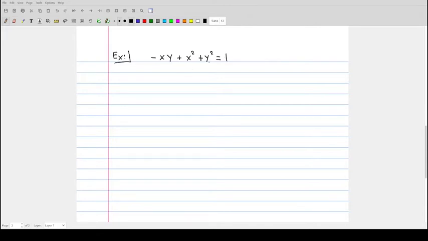So this is the level curve of this function of x and y. Our f of x, y is this function right here. Specifically, it's the level curve when this function is set equal to 1.